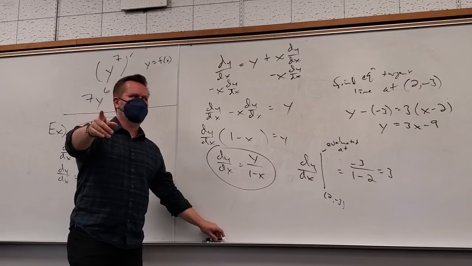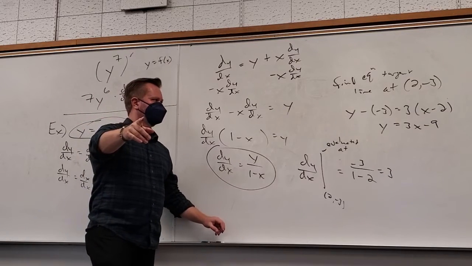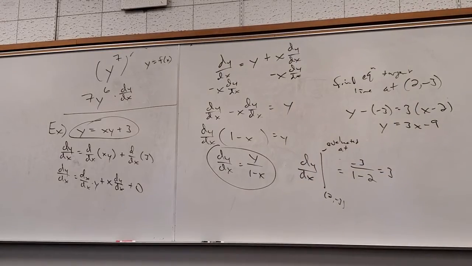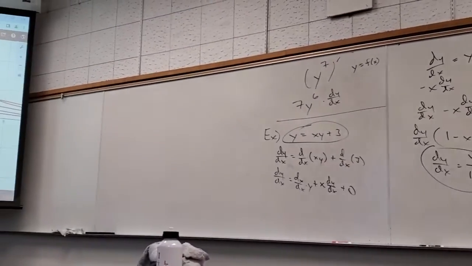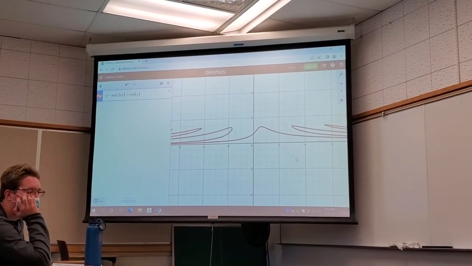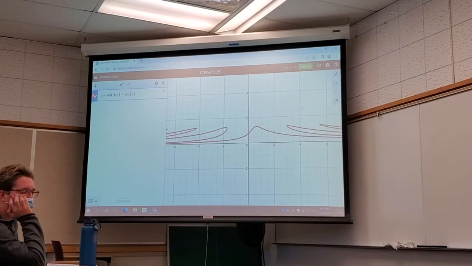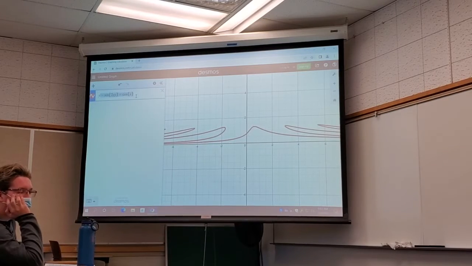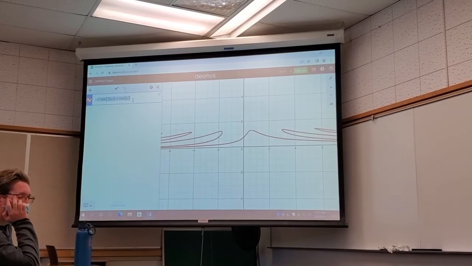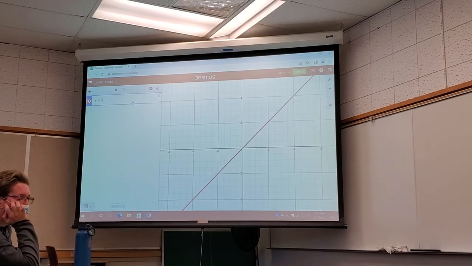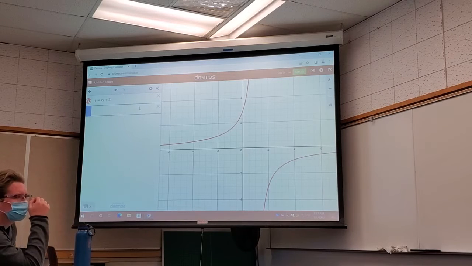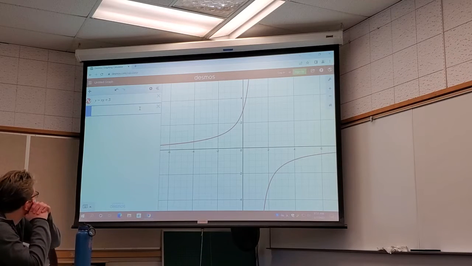All right, let's check that out. This is not going to be that funky of a function because, well, let's see if anybody notices why. So if I plot this, there it is. I plot the tangent line.